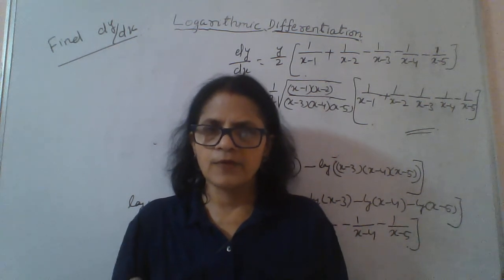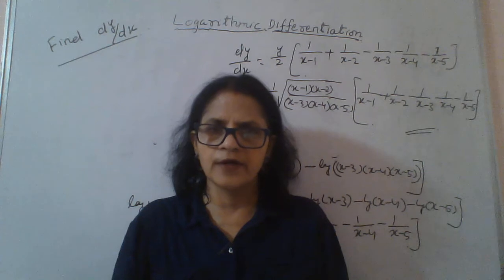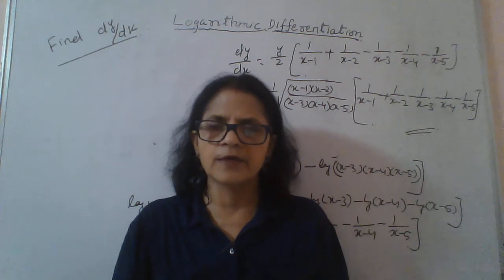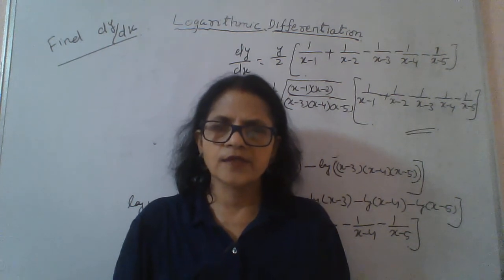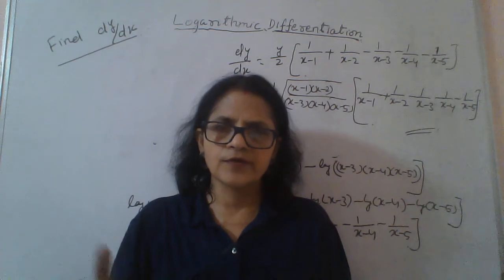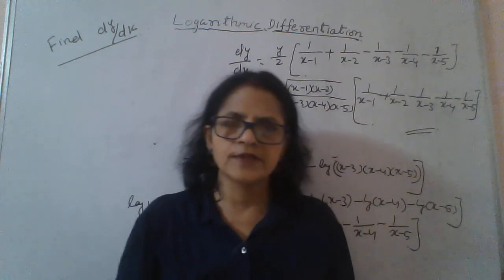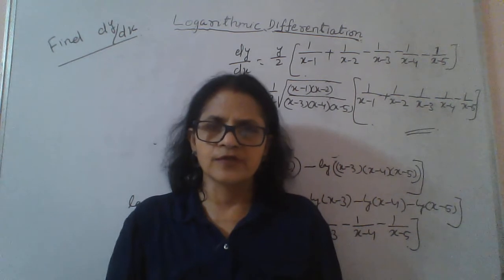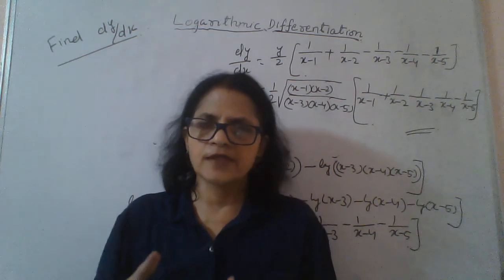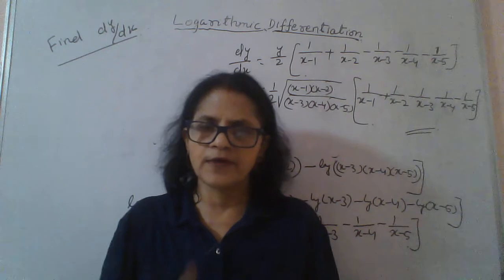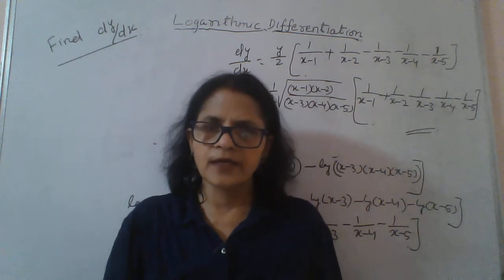In that type of question, students make a common error by taking logarithm of both sides directly from the beginning. Because the first step is wrong, even if you differentiate correctly, you do not get any marks.